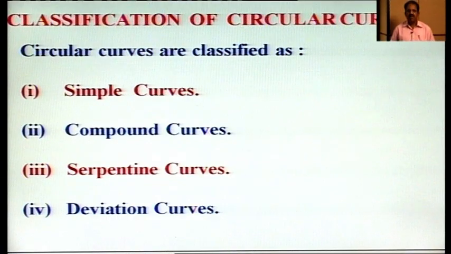So, how are the curves classified? Curves are classified on the following basis. First one is simple curve, second is compound curve, third is serpentine curve or reverse curve, and the fourth one is deviation curve.